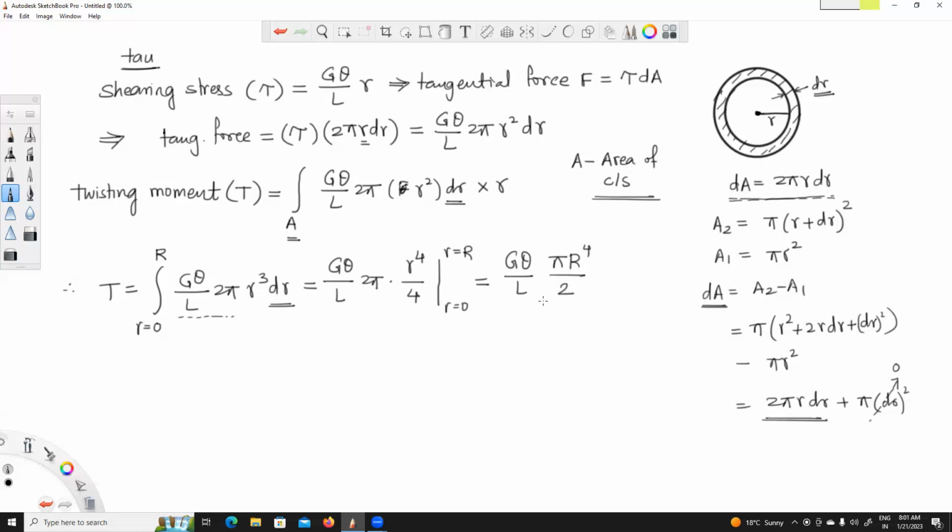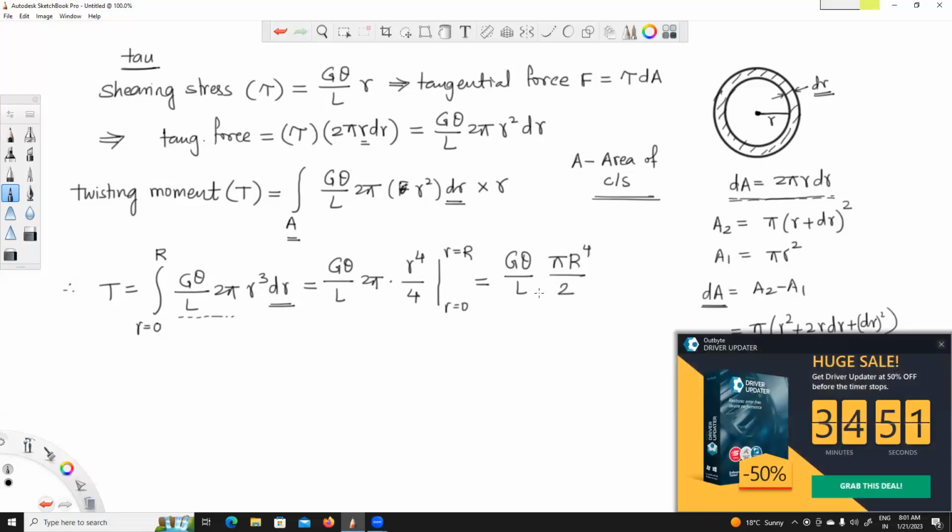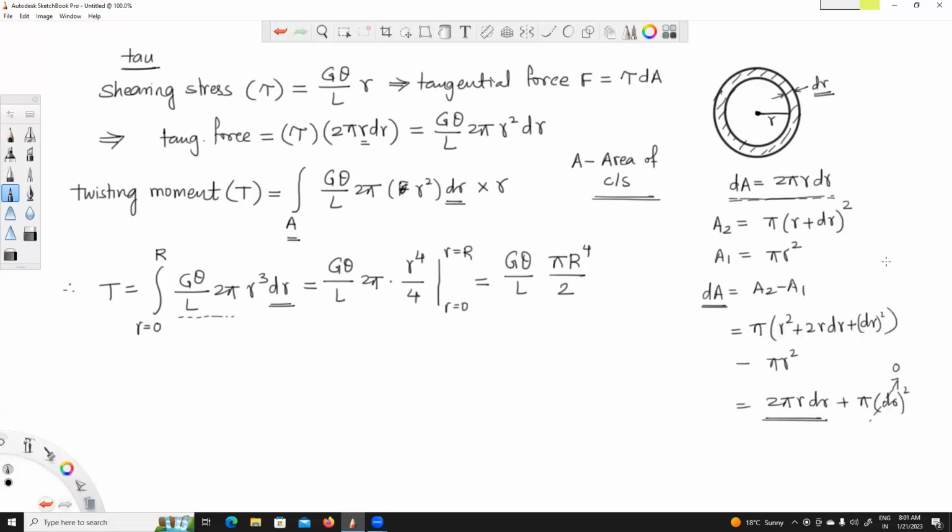Okay, so we have got the relation for twisting moment. T depends on G, the modulus of rigidity, twisting angle theta, length of rod L, and radius of rod capital R. So this is what we have obtained so far. The quantity pi R raised to 4 upon 2 is called the polar moment of inertia.